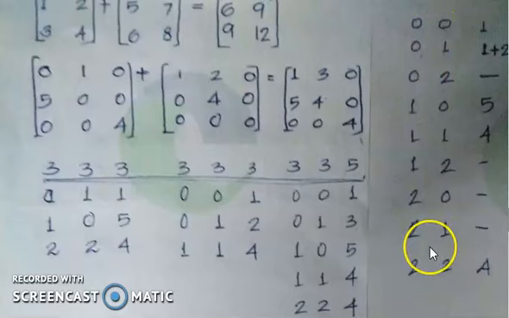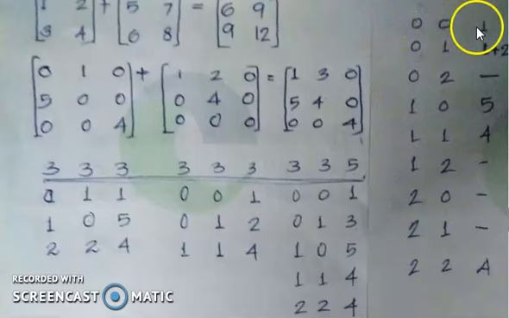Because we are considering the sparse matrices as 3 rows and 3 columns. So the possible locations are 0 0 up to 2 2. Is it not? Then we are taking out the values from these two matrices in this order.